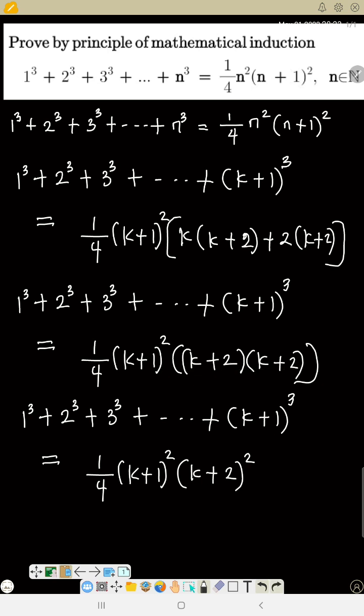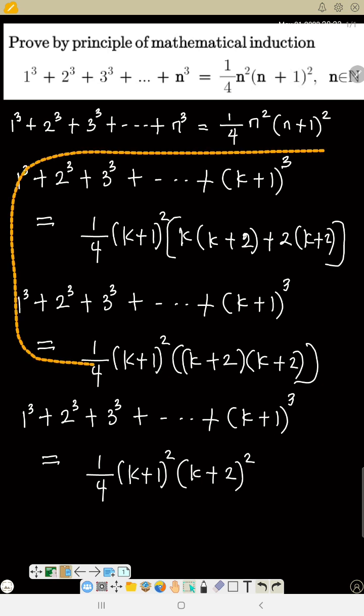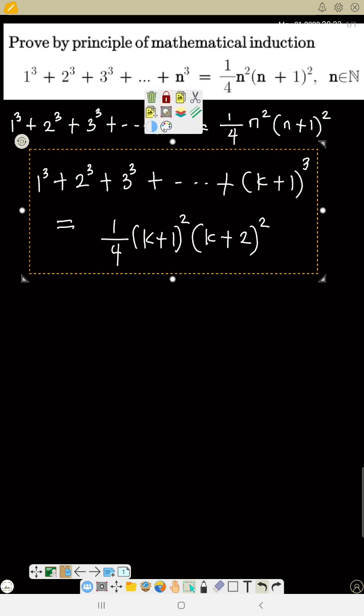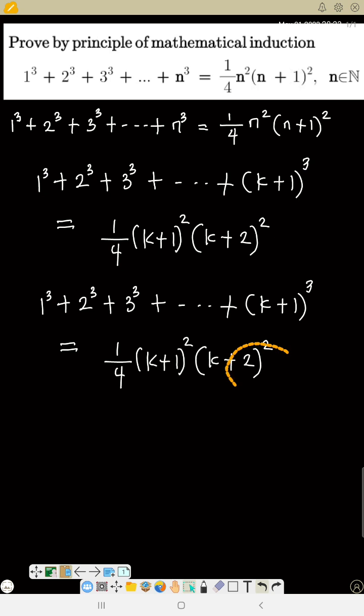So now change everything to the form of k plus 1. This will become k plus 1 plus 1, everything square. That is this k plus 2, because 1 plus 1 is 2.